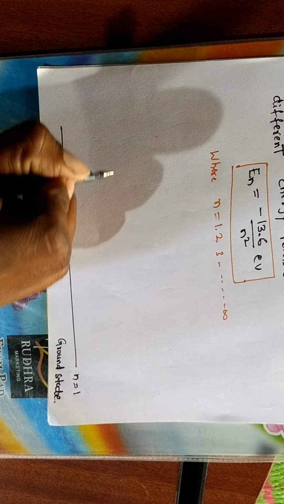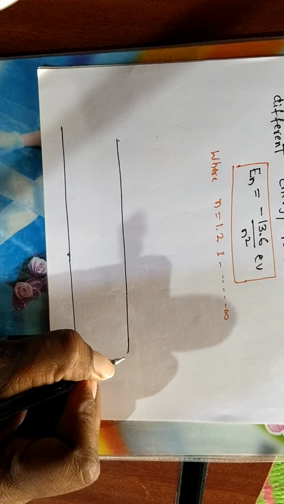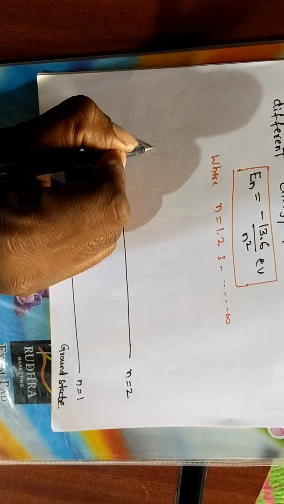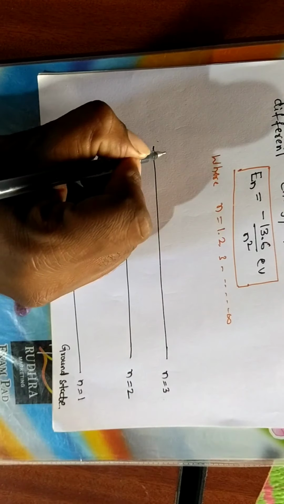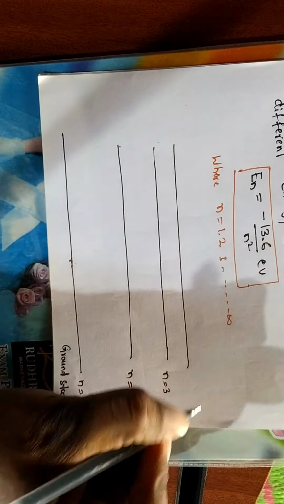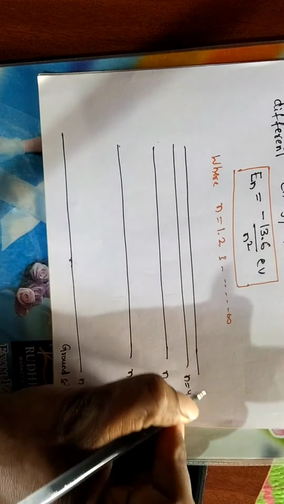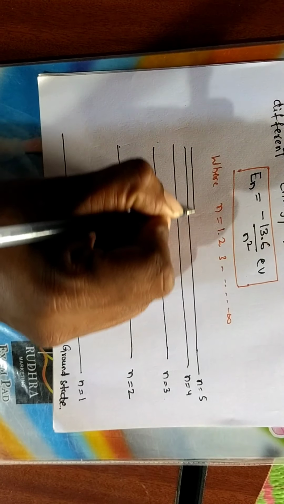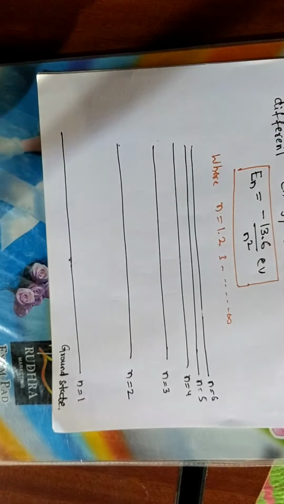Next, excited states: this one is n is equal to 2, next n is equal to 3, n is equal to 4, n is equal to 5, n is equal to 6.